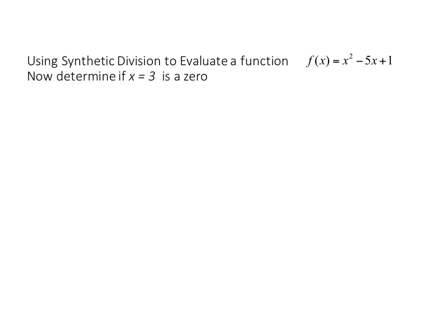Now, like I talked about, we can actually use synthetic division to determine if something is a 0, which means that the remainder is 0. So what I'm going to do is, it's x equals 3, so 3 is going to be my divisor. Then I'm going to set up this 1, -5, and 1, just like we had.